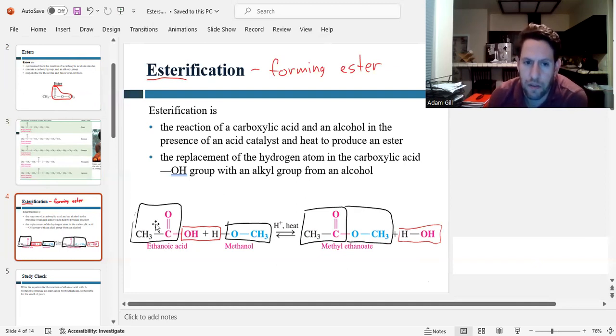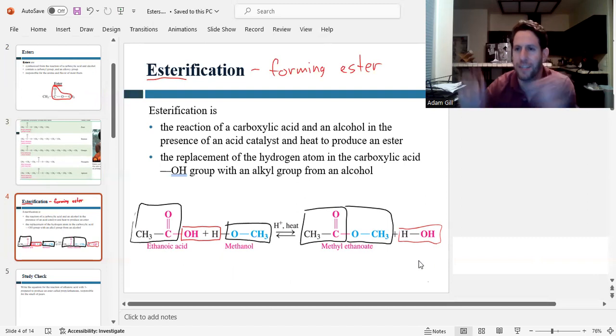And so the carboxylic acid and the alcohol combine to make the ester, and you kick out a water molecule. So this is also sometimes called a condensation reaction because you're condensing two things together.